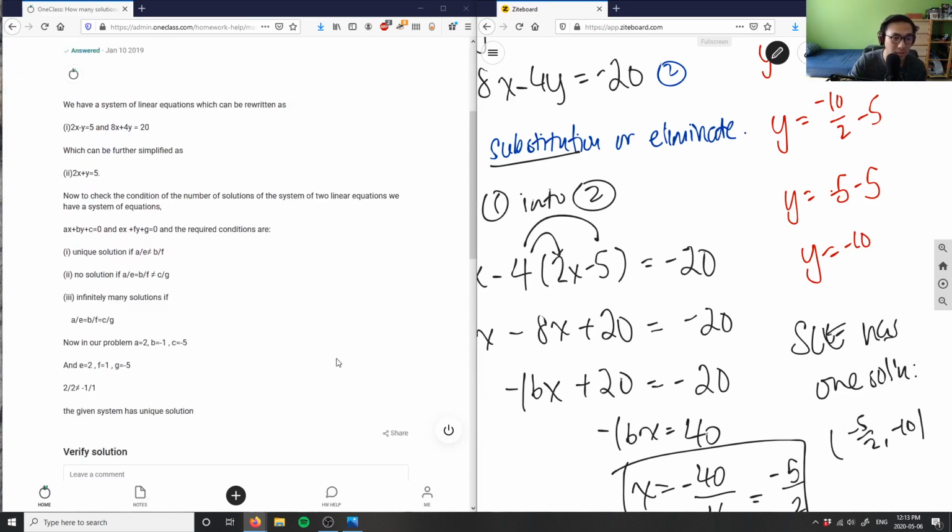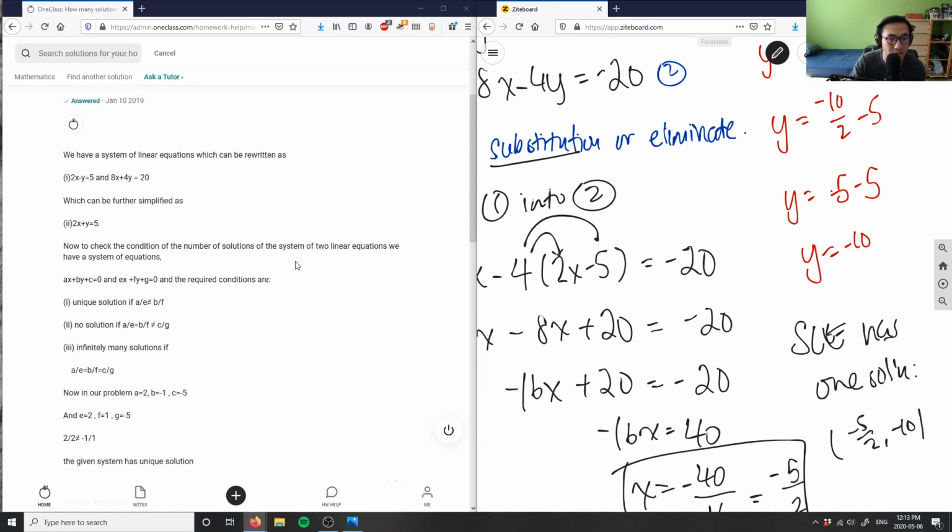And let's see what they did here. So it says we have a system of linear equations, which is further simplified, so they can check for systems of linear equations. Now in our problem, we have 2, -1, and -5.